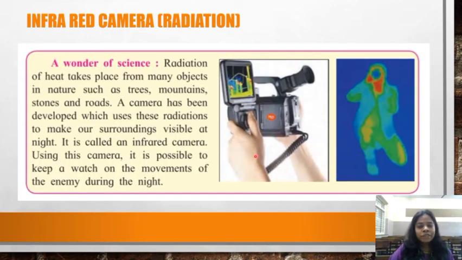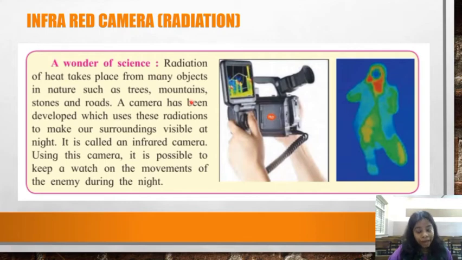Now children, this is one very nice piece of information given to us in our textbook. Infrared camera radiation, a wonder of science. Radiation of heat takes place from many objects in nature. Yes children, we saw in the beginning that even the living things are radiating heat energy.